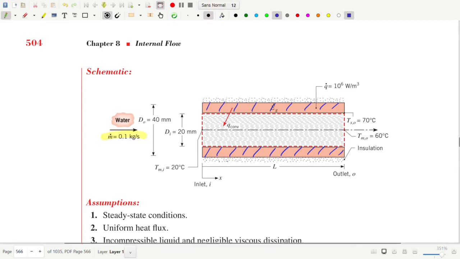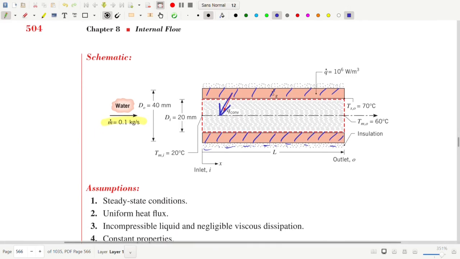So this part is insulated on the outside, which means there's no energy that can leave from the outside surface of the pipe. Whatever energy is produced by the electrical heater inside the solid region of the pipe has to be convected into the fluid. That gives us the energy balance.